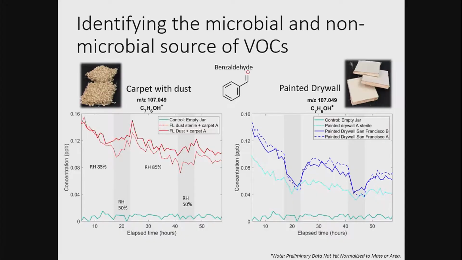And this is the model, or the idea, that environmental conditions in homes are going to fluctuate between those that are favorable for growth and those that aren't. And this is specifically in the context, again, of water, of how much water is available to them. And so we cycle these samples through periods of high and low relative humidity, where high relative humidity is 85 and low is 50.